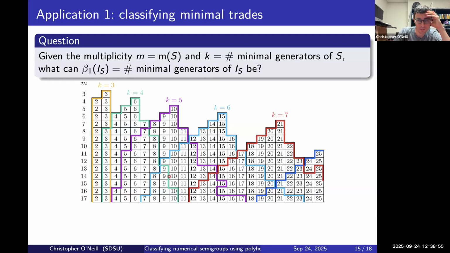By the way, all of this data so far is just coming from computation. In fact, this was computation that the Kunz cone essentially allowed us to do. Let's say for m equals 6, I wanted to compute exactly what this full list of values is. Well, the Kunz cone for m equals 6 is a 5-dimensional cone. It has a finite number of faces. It's a lot, but it's a finite number of faces.